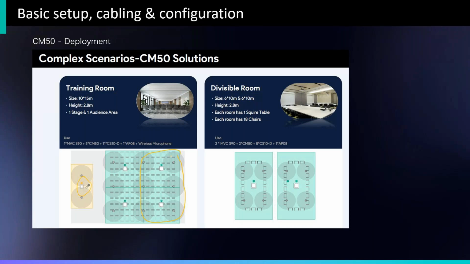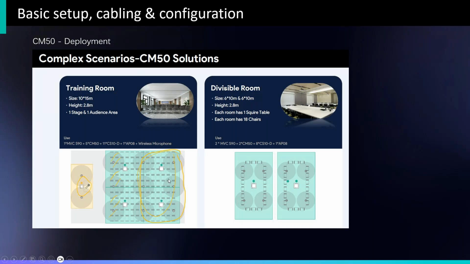So when the person here talks, these ones will hear the person from normal voice, but these people here further in the back, they actually hear via the audio setup.